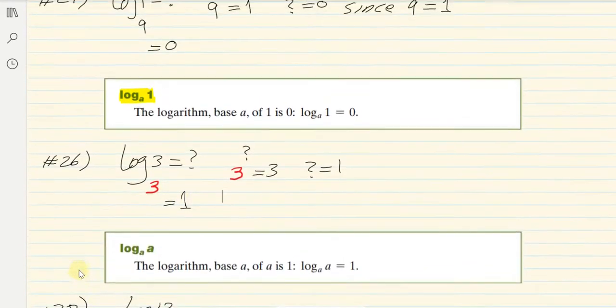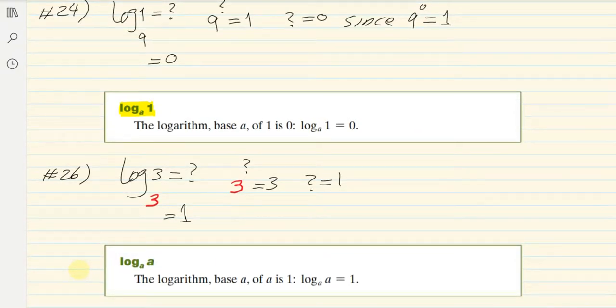And of course we have the generalization of this one. We can generalize this into a property of logs. In general, if the argument and the base of the log are the same, the answer is going to be 1. And right in here, that's the answer. The one above, the answer is always 0. Okay.